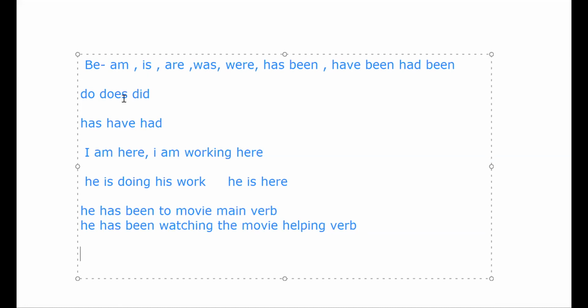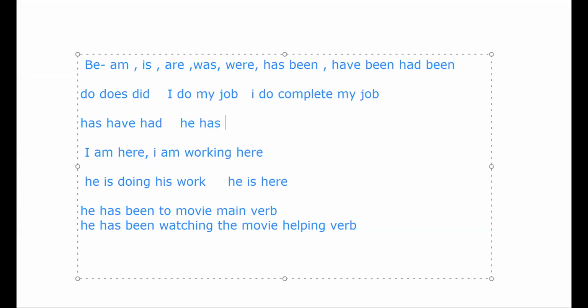Okay. Now same with this one. I do my job. Do is used here as main verb. I do complete my job. Here I am using it as a helping verb. Same with this.